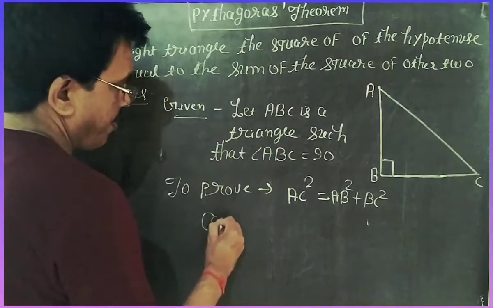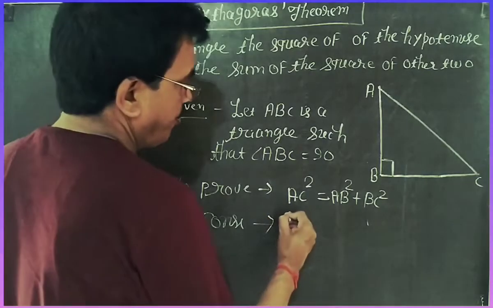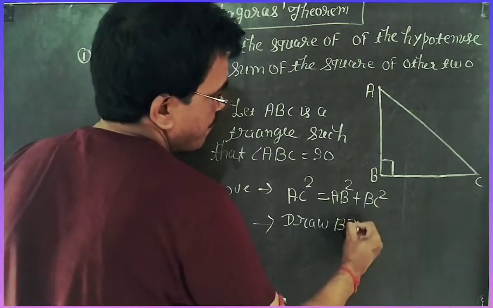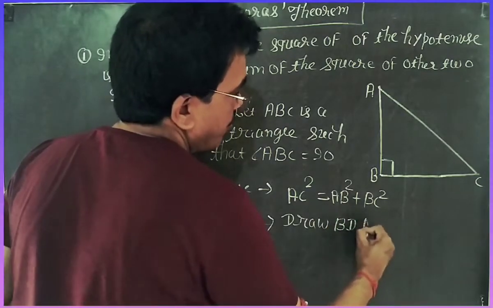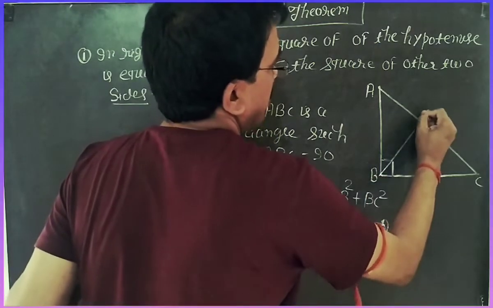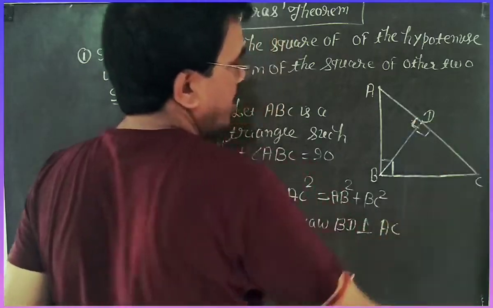Construction. You remember it? That construction is draw BD perpendicular to AC. So we draw here, and it is also perpendicular to AC, that both are 90.